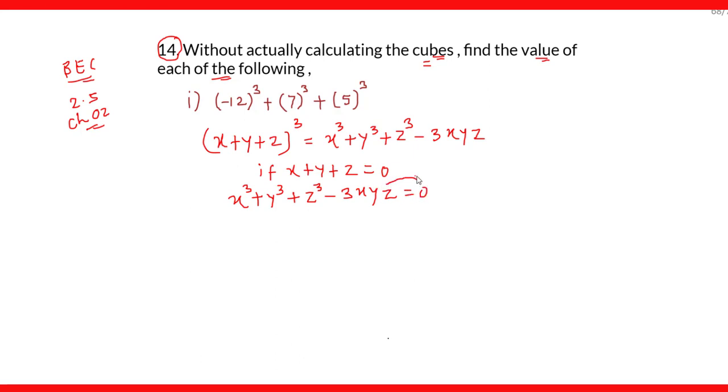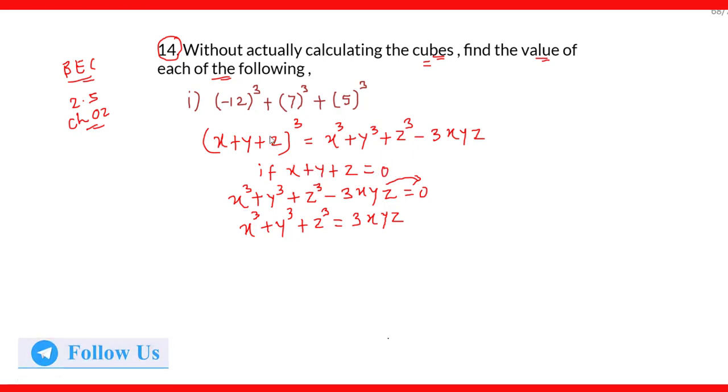And if you take 3xyz to the other side, it will become positive, so x cube plus y cube plus z cube is equal to 3xyz. So here we get this formula, that x cube plus y cube plus z cube is equal to 3xyz, provided x plus y plus z is equal to 0.